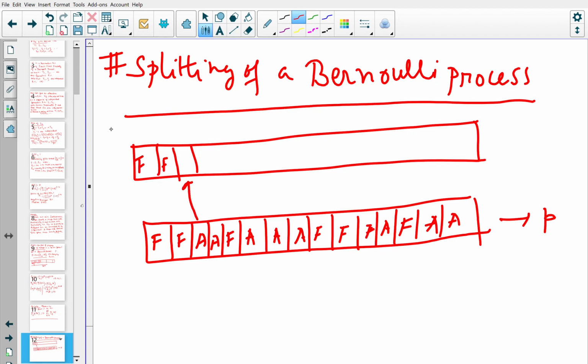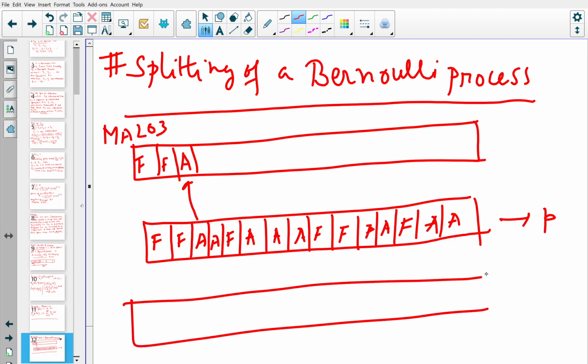So this is my MA203 file. If this mail is from one of my students of 203, I will keep it. If it is not a mail from my student, then there will be another file, so let me write down another file like this.